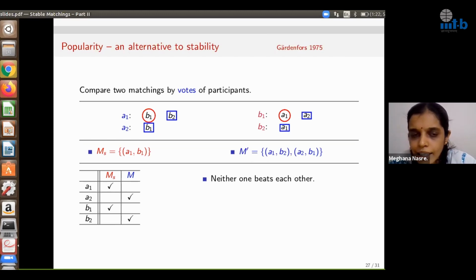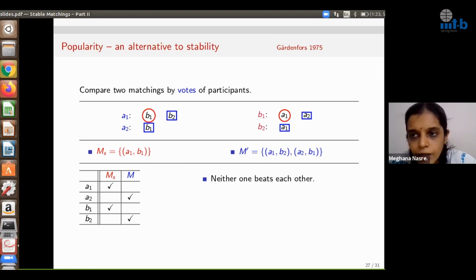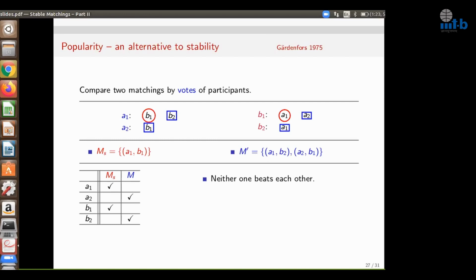So we take the stand that such participants do not vote between the matchings, because their votes do not matter. Ma'am, if in A1's list, both B1 and B2 are tied, then A1 will vote for which matching? Then again, we can define votes.